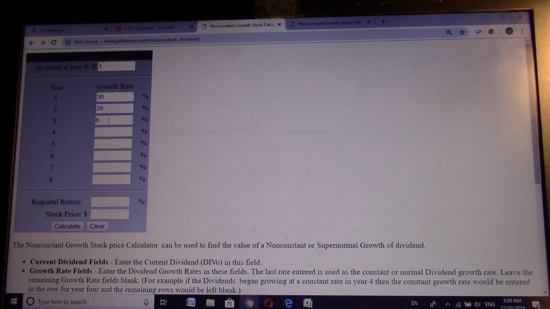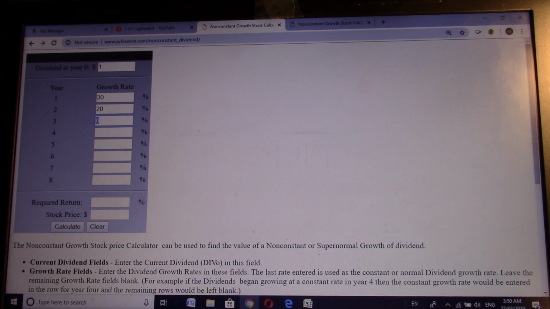So we can just calculate D3, the dividend in year 3, and divide that number by R minus G. G is 6%. Let's assume the stock return is 10%.